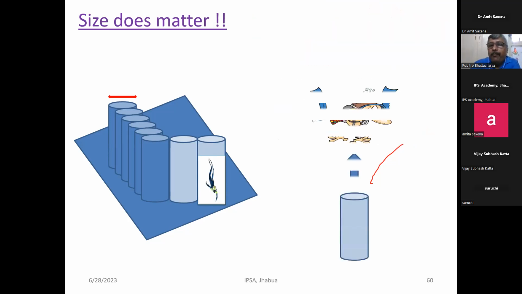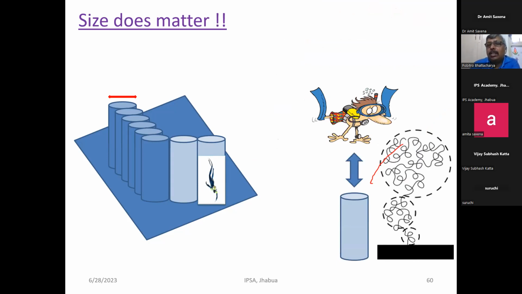At the same time, the size of the chain is also very important, because the chain size will decide the radius of gyration of the polymer, and that will decide whether the polymer can really penetrate inside the holes of the mesoporous structure or not. If the polymer cannot penetrate inside, then maybe half or even more of the electrode will remain untouched, and the efficiency will drop down.